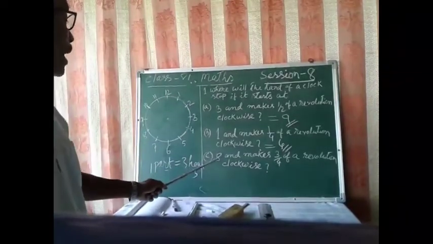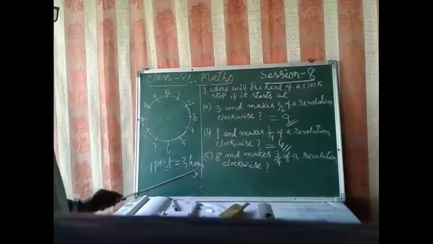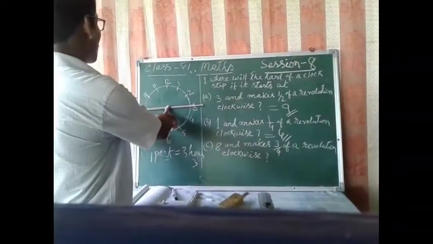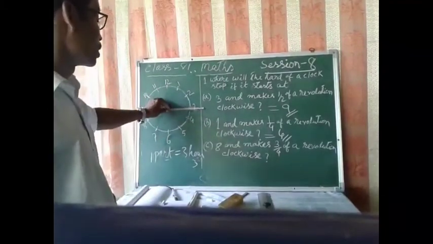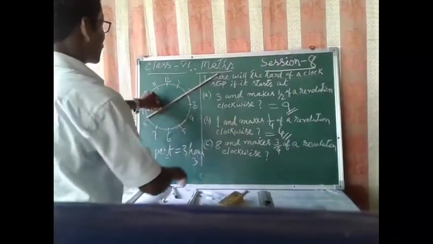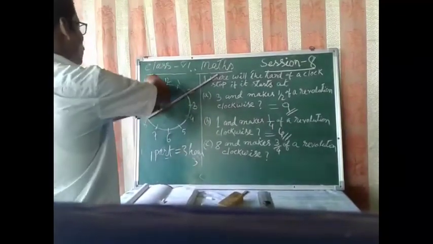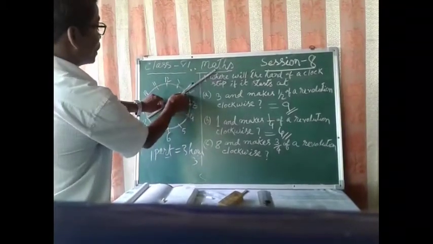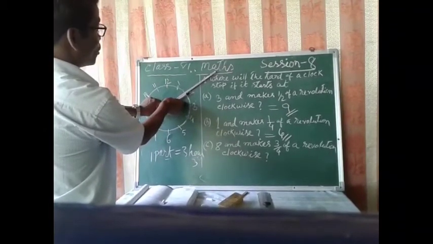Now start from 8 and make 3/4 of a revolution. This is a half revolution, and after the half revolution you again move 3 divisions, that is 3/4 of a revolution. So start from 8. From 8 to 2, if you rotate in the clockwise direction, it moves half a revolution.